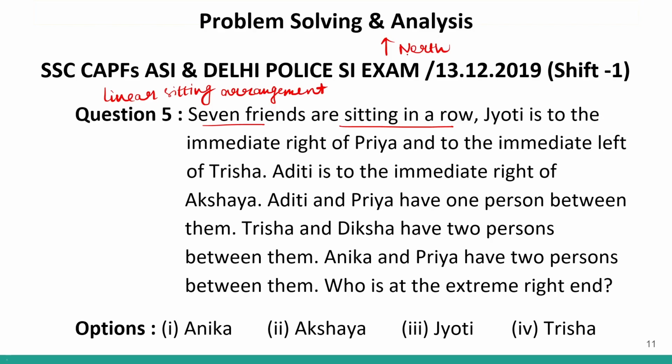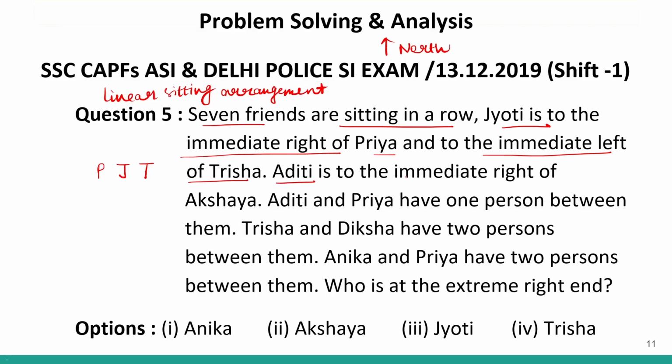Now, Jyoti is to the immediate right of Priya. So let's say Priya is sitting over here, Jyoti is to the immediate right. Jyoti is also to the immediate left of Trisha. So Trisha will sit over here.